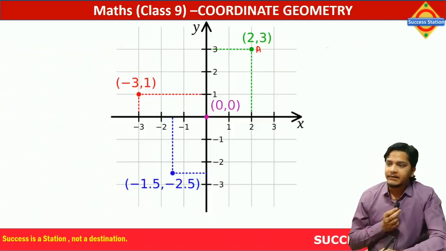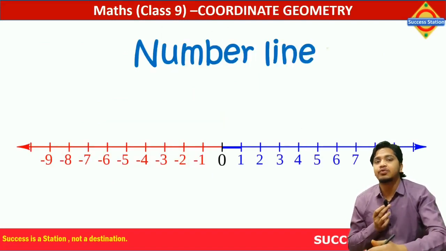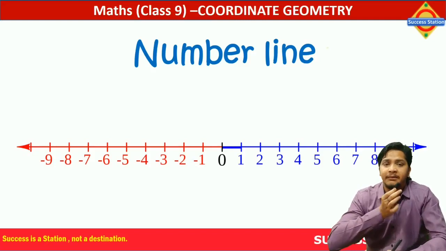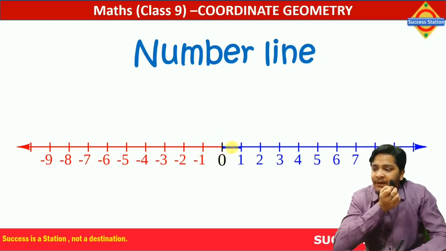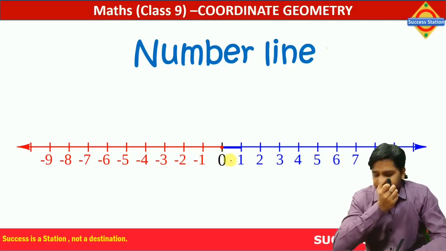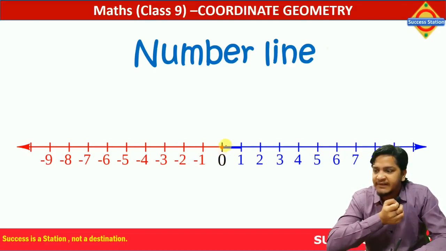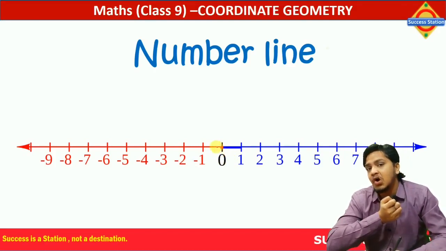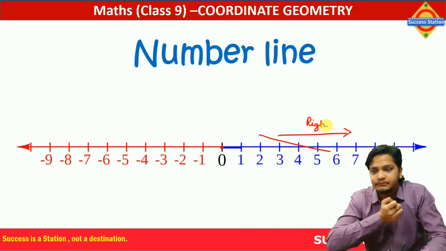So okay, so basically before starting coordinate geometry we should know what is a number line. Number line you have already studied, you already know, but once again, so as in a number line, numbers are plotted. 0 is a whole number, so 0 we say as a reference point, because all numbers to the right side of 0 are positive, right?